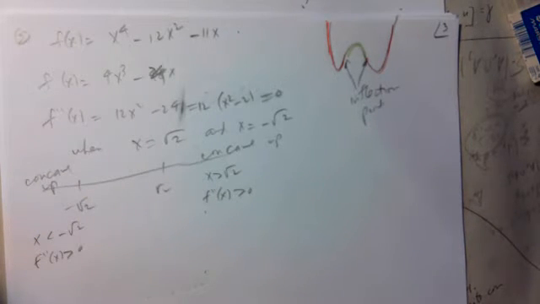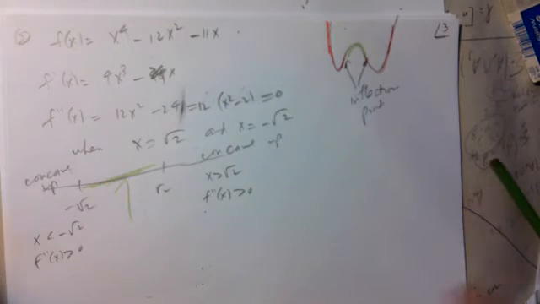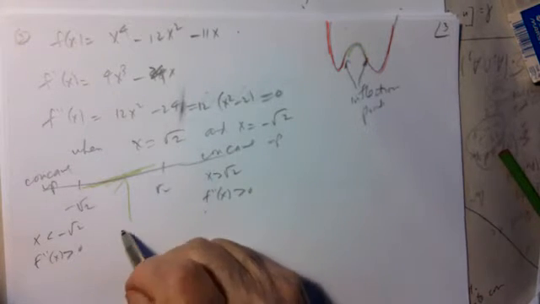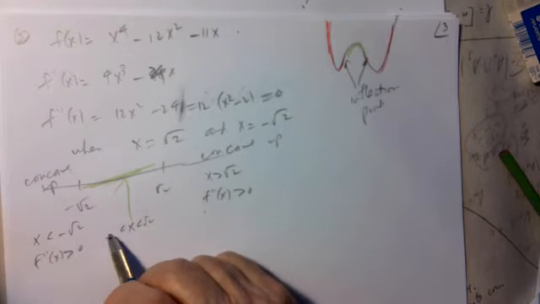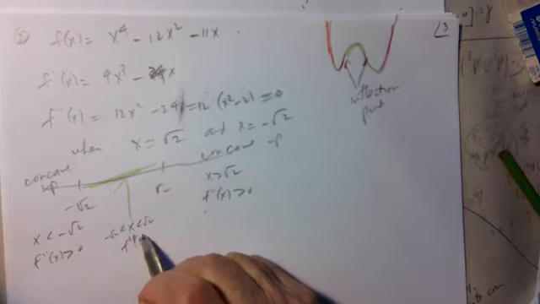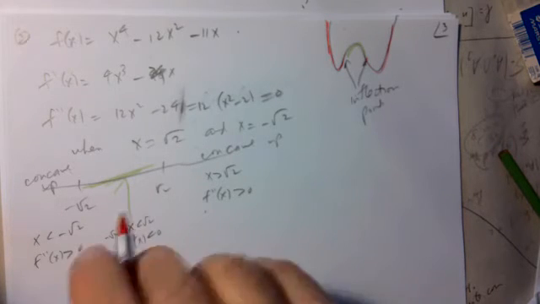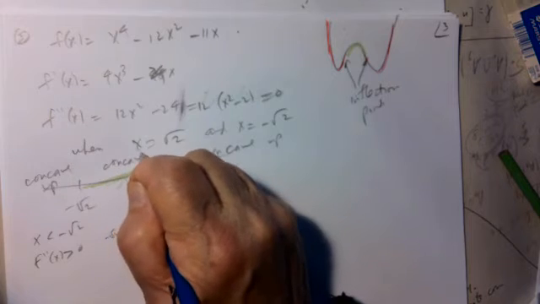And in this open interval from minus root 2 to root 2, f double prime of x is negative, and the curve is concave down.